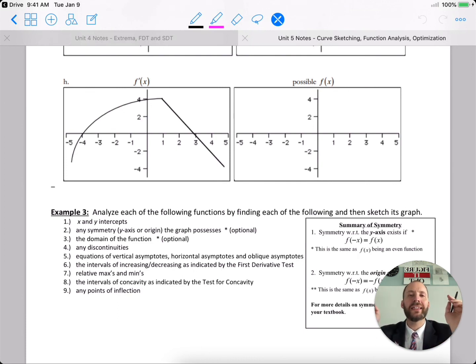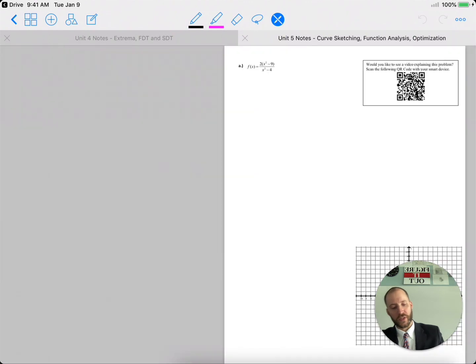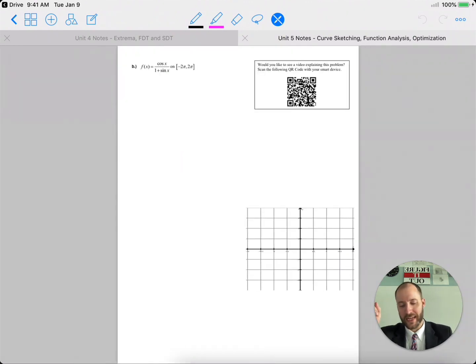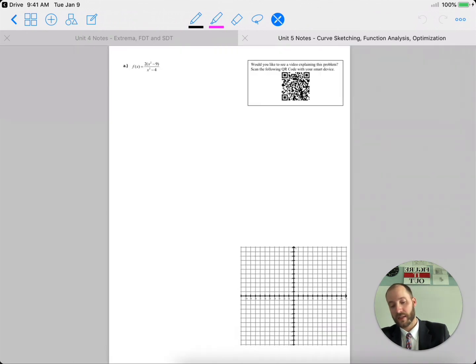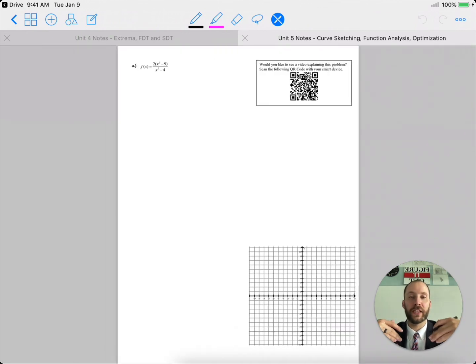So really taking everything we've been looking at all semester and putting it all together into curve sketching, making a very accurate graph of a function without a graphing calculator. So take a look at example A and example B. Don't use a calculator if you can avoid it. Try to do them by hand. When you're done, check my complete notes online.